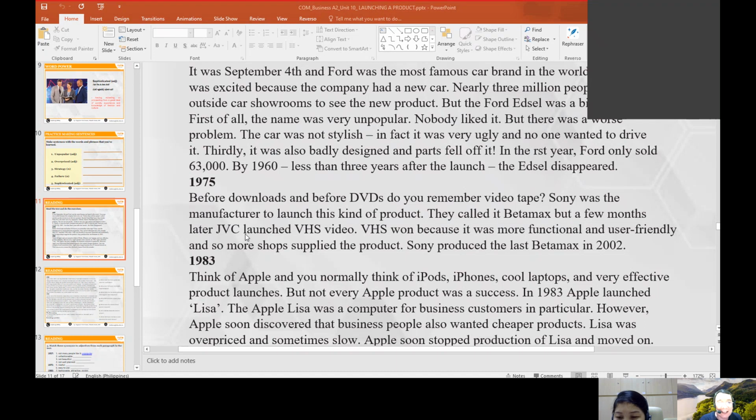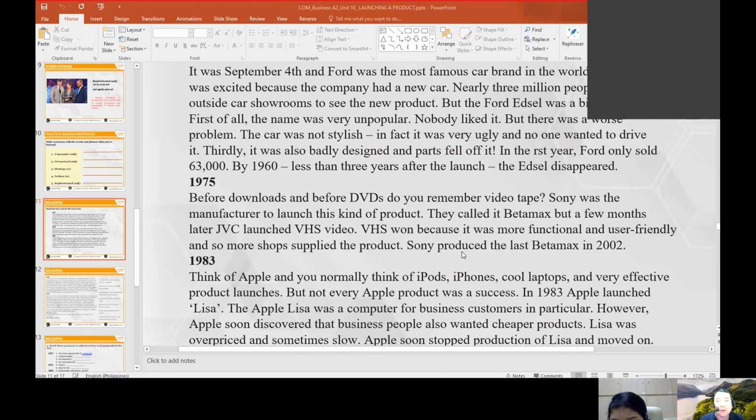But a few months later, JVC launched VHS, video home system. VHS won because it was more functional and user friendly, and so more shops supplied the product.